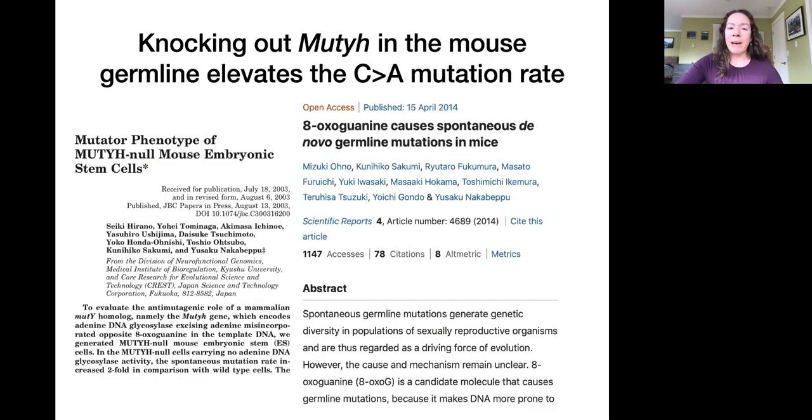And we found that there has been some work on what happens if you knock out MUTYH, both in mouse embryonic stem cells and in the germline of live mice. And so there's evidence from this prior work that knocking out MUTYH does elevate the germline C to A mutation rate.